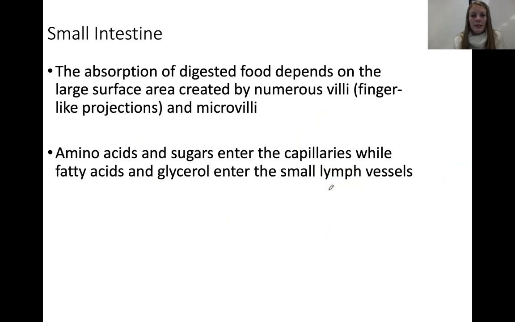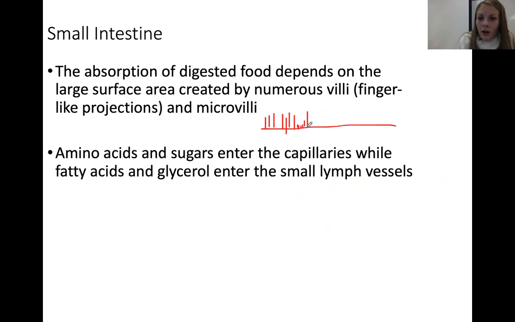The small intestine is where absorption of digested food happens, and it depends on the large surface area created by the numerous villi, or finger-like projections, and microvilli. So villi, I think of as these little finger-like projections, and then microvilli are just even smaller than that.